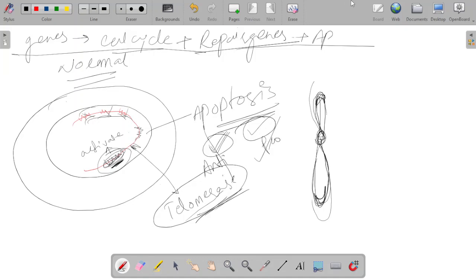This is another mutation: the telomerase genes are also mutated. Now you can see we have damage to the proto-oncogenes, the tumor suppressor genes, the repair genes, and the apoptotic genes, which are two groups, anti-apoptotic and pro-apoptotic. We have also damaged the telomerase-related genes.